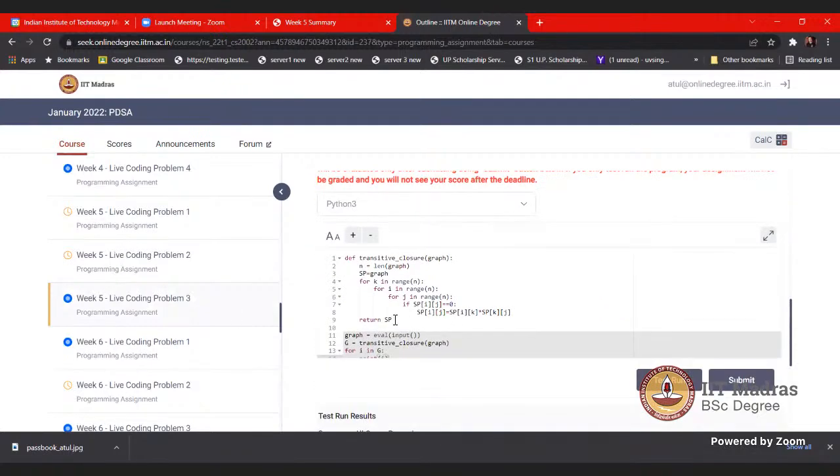If you see the solution, this is the simple solution for the transitive closure. It is similar to the Floyd-Warshall algorithm, where we take three loops, and after that we just check the condition. Here we are using a 1 and 0 combination, and we fill this matrix when the entry is 0. Just see the solution for this practice assignment and check it.